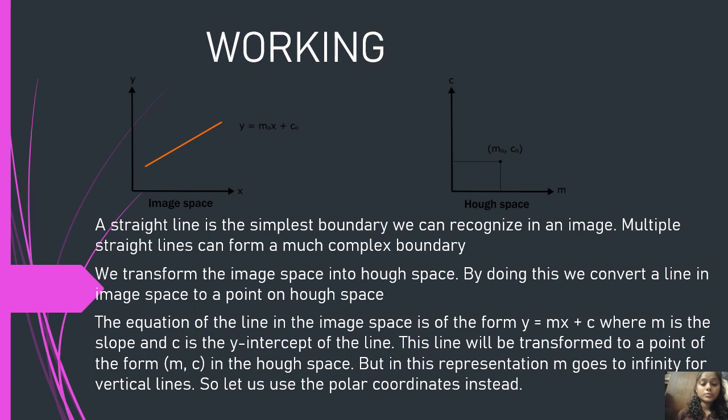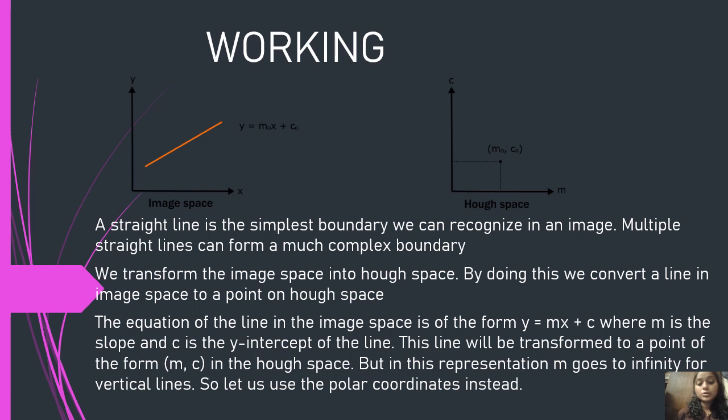working. So a straight line is the simplest boundary we can recognize in an image. Multiple straight lines can form a much more complex boundary. We transform the image space into Hough space. By doing this, we convert a line in image space to a point in Hough space. Basically, we're trying to transform that image space into the Hough space by converting a line in the image space to a point in the Hough space.